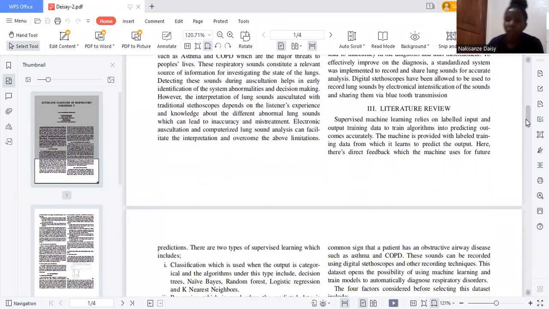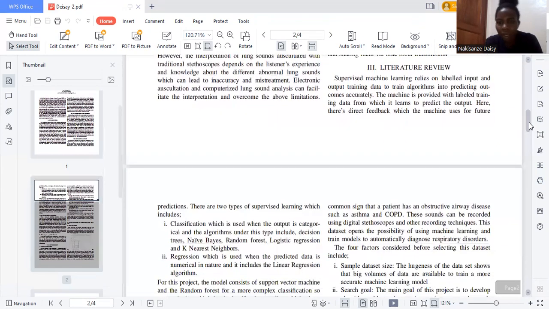The literature review is where my interest is. This consists of supervised and unsupervised machine learning techniques. For supervised learning, the machine is provided with a training data set from which it trains and learns, and therefore gives out the prediction.